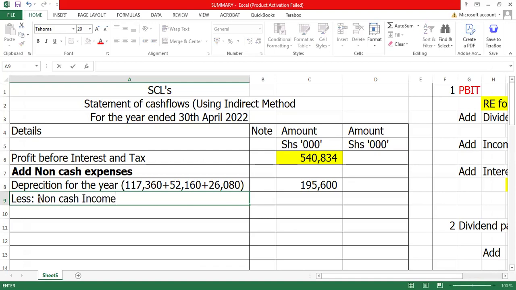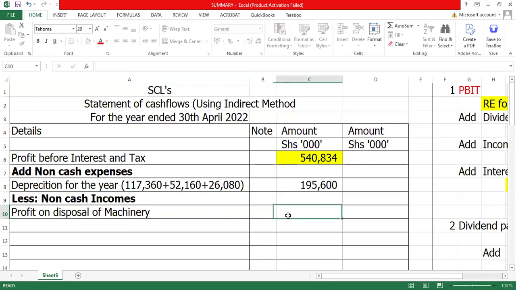From this question, what are our non-cash incomes? We only have the profit on disposal of machinery. It's non-cash because you're just comparing. This is a gain, like gain on disposal of machinery.